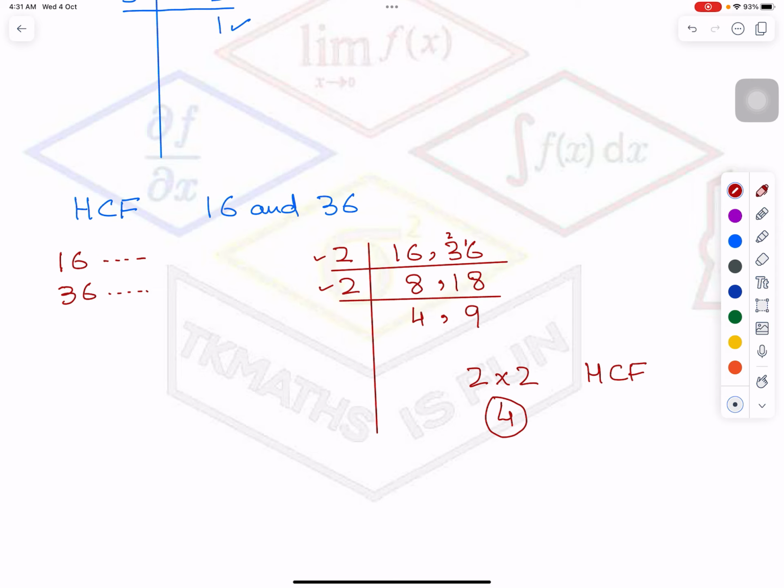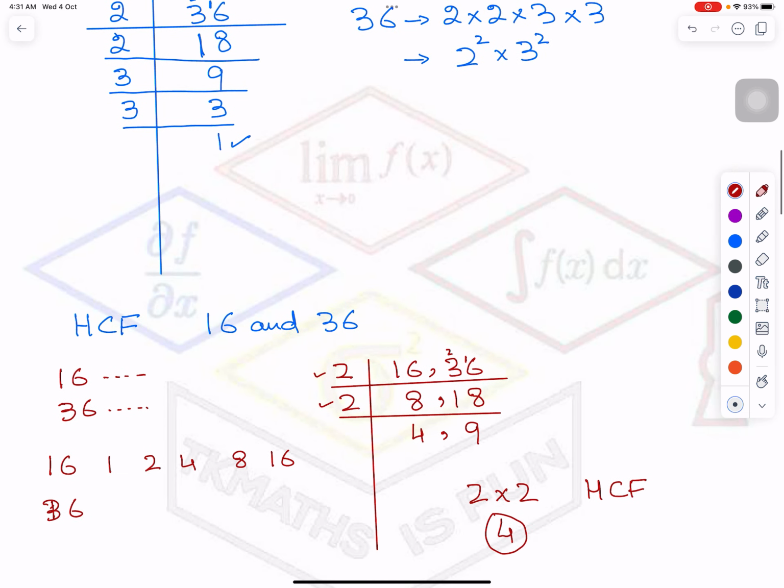If I want to check whether I'm right or not, I can write the factors for 16. 1 times 16, 2 8s are 16, 4 4s are 16. Similarly for 36, it is 1 times 36, 2 times 18, 3 times 12.